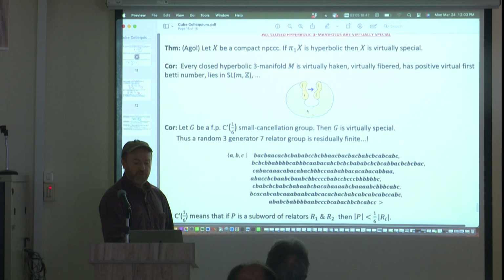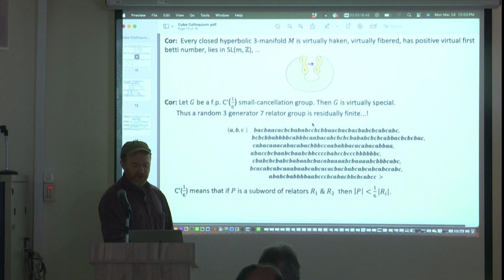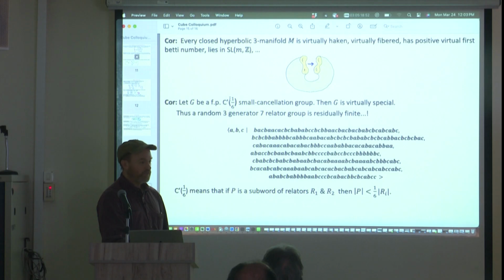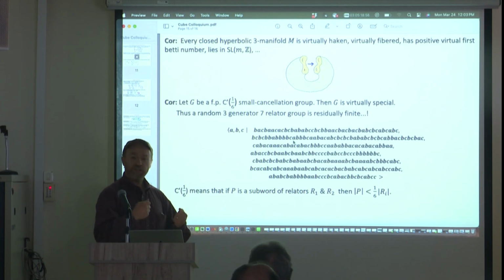And because Agol proved this theorem, we now know that this strange random group, and in fact any random group with a fixed number of generators, is virtually special. And so most groups from a certain viewpoint are living inside of these right-angled Artin groups after passing to a subgroup of finite index. A strange situation.